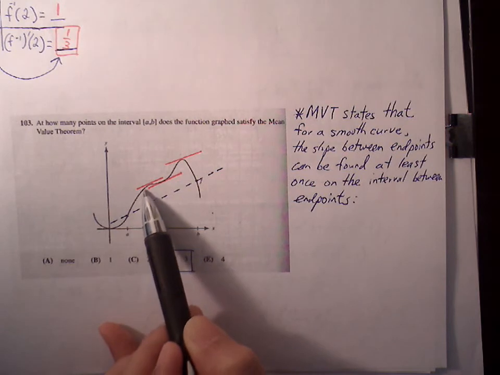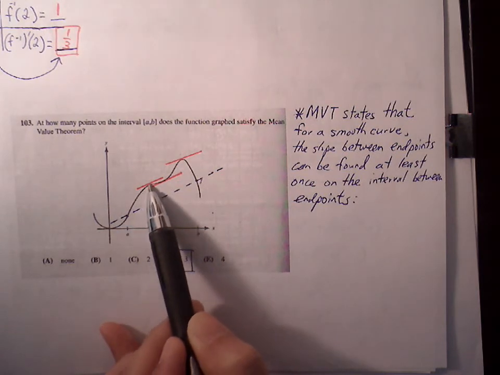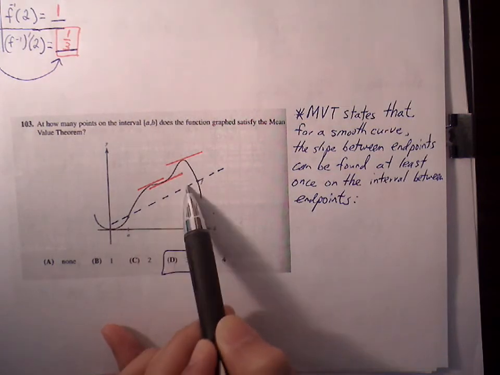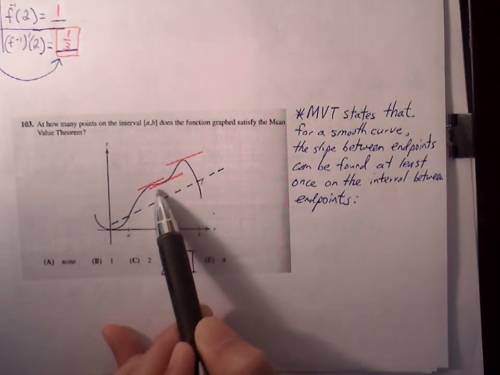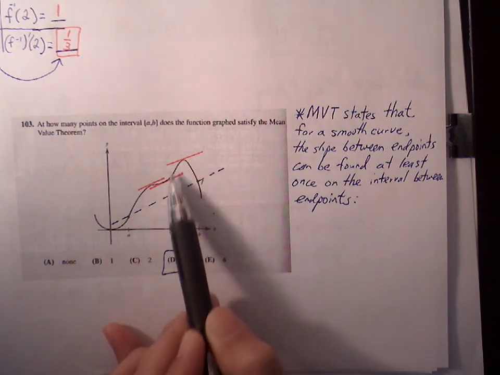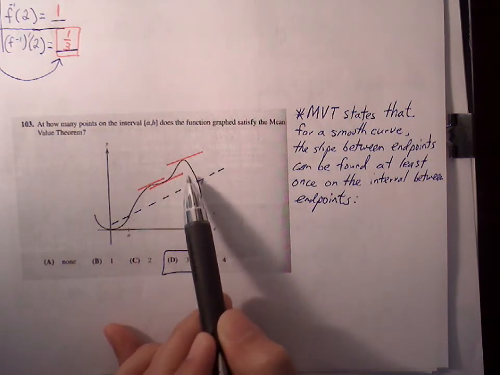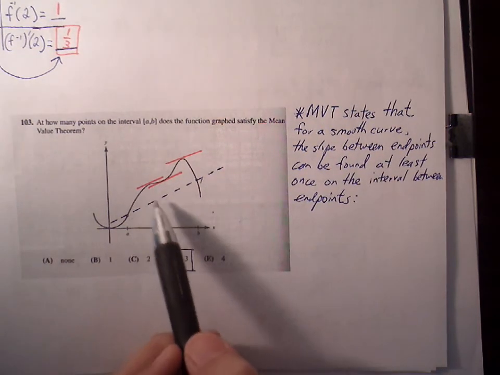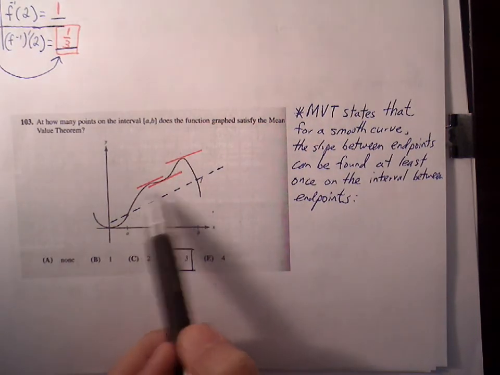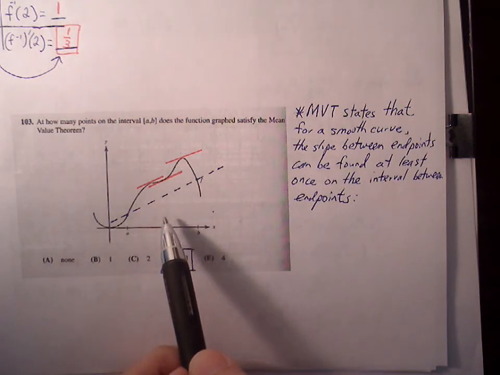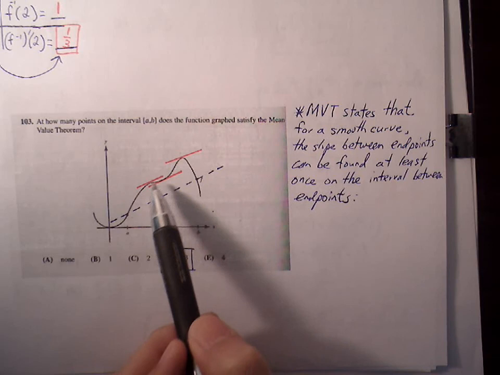Based off of what we see here, the graph is going to eventually hit that average slope once here, another time here, and a third time there. So just by looking at the graph and trying to picture what the steepness is at these corresponding points, we see that there are going to be 3 points that satisfy the mean value theorem because we're able to see the graph in front of us.